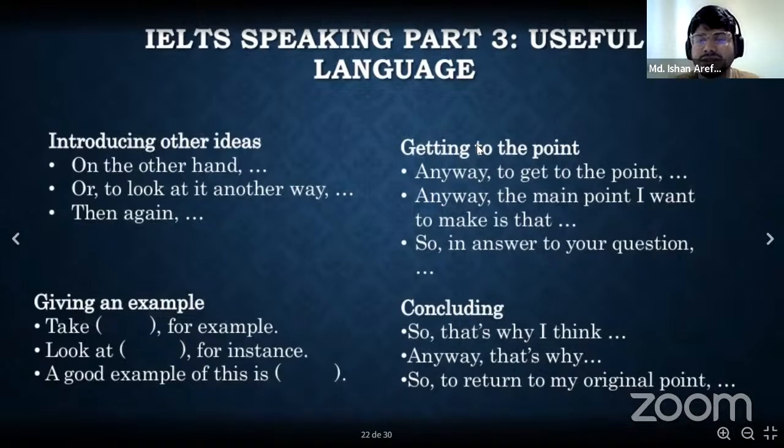You can use "anyway," "that's why I think so," or "to conclude, I think that's the best way to do this." So you should have some concluding statements in your answer. Concluding your answer can give you a better band score.